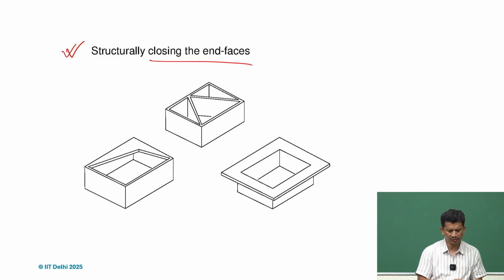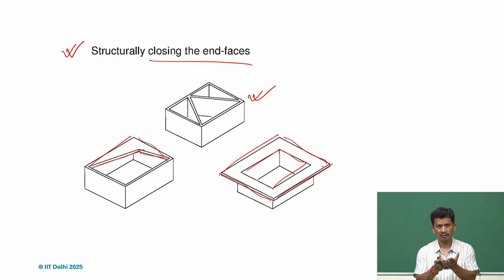So there are various tricks. Like for instance this one, just using the ribs or partially closing it, closing the ends will also be sufficient, or just flanges outside. The moment we do that, it also closes the end, and we can get a structurally closed box.